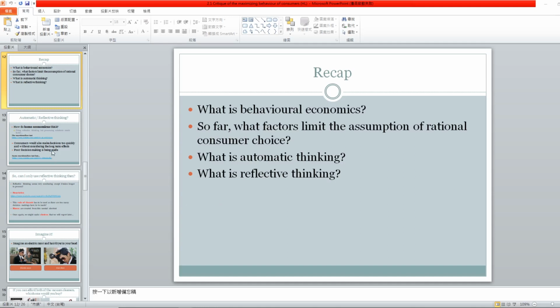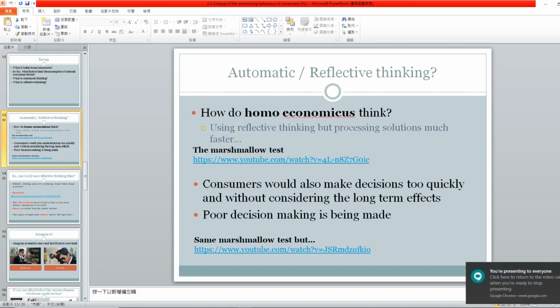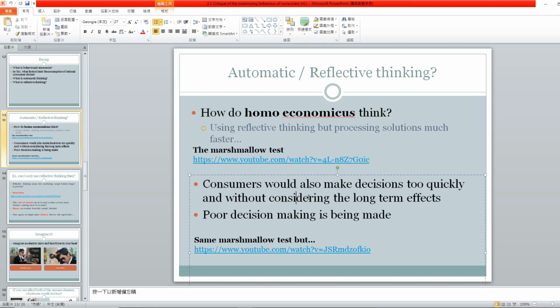And this marshmallow test really shows you that different people have different thinking when it comes to the same scenario. Sometimes we need to think about the long-term effects. We cannot just think about the short-term benefits.